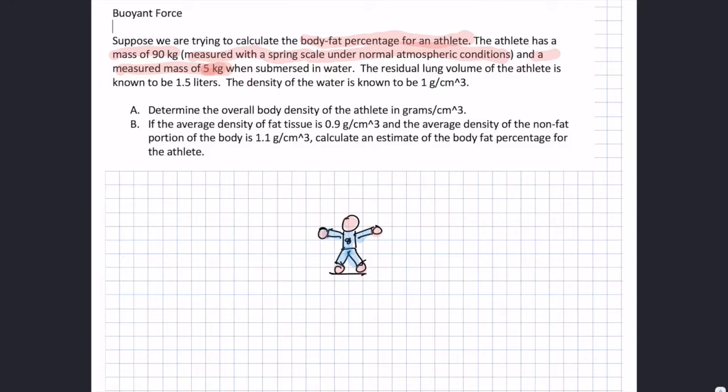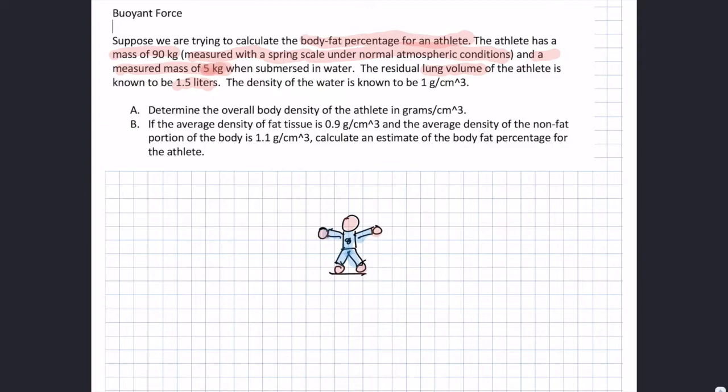The other thing in this problem you need to consider is that if you're doing a body fat analysis, you have to worry about the air in your lungs. So let's assume that the athlete exhales and there's still 1.5 liters of air left in the lungs.